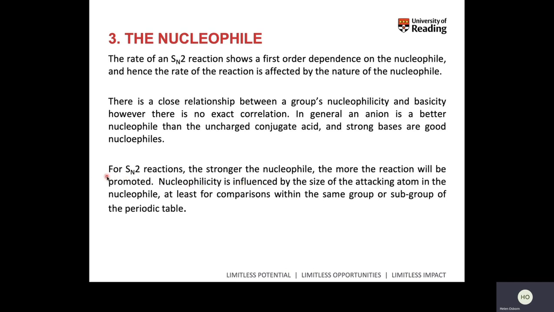So if we wanted to promote an SN2 reaction, and we wanted to use a strong nucleophile, we could think about using a nucleophile which is large, which is towards the bottom of the group in the periodic table, because that will be able to lose its electrons and make the bond easily in the rate determining step.